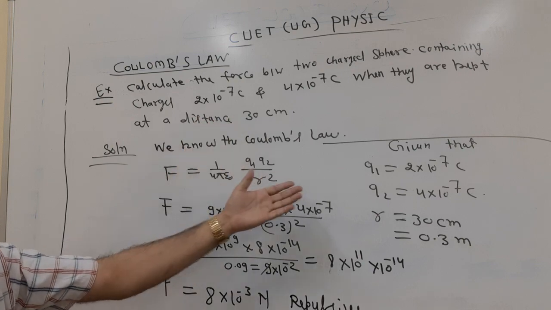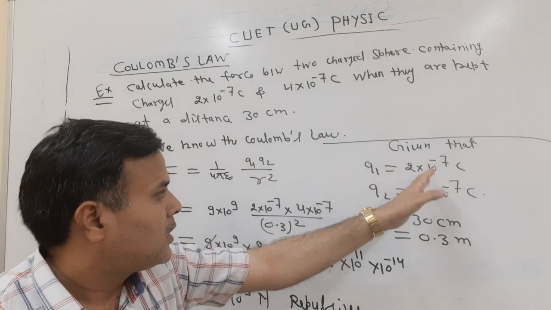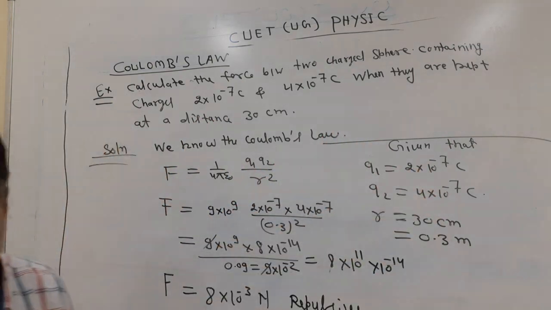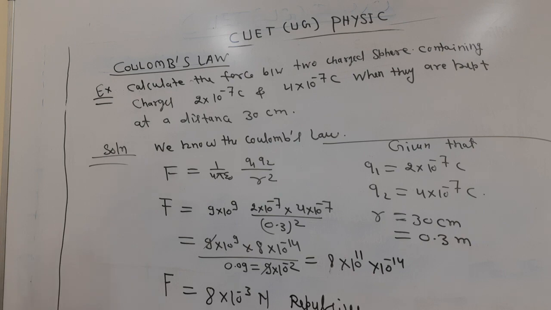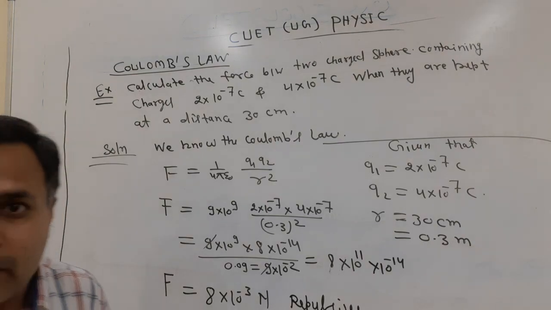Our Q1 and Q2 are of the same sign, both positive charges. That's why this force is repulsive. And this is the way to find the force for given charges and separation distance. Thank you.